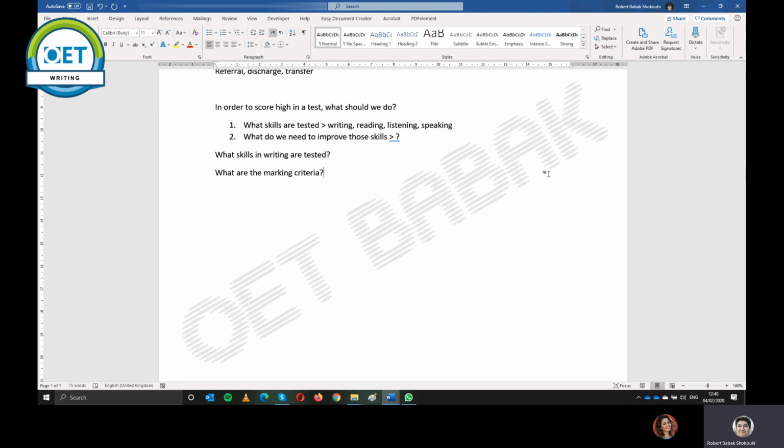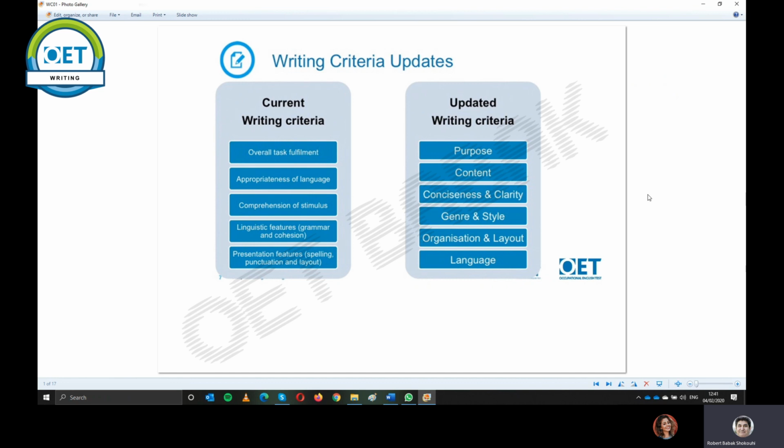By checking the marking criteria. We need to find out how we are marked. So how do we know that? I think it is better to know more about the formal marking criteria the OET Center announced to us. Good.